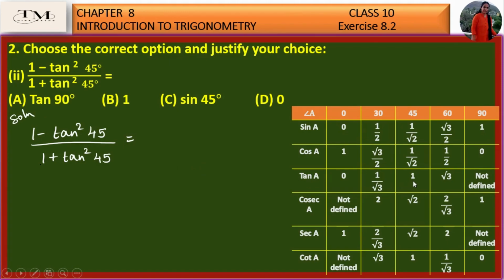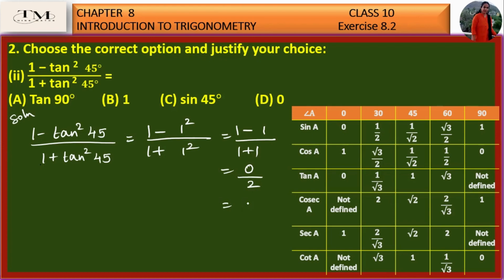So 1 minus 1 square divided by 1 plus 1 square. What is 1 minus 1? 0, divided by 1 plus 1 which is 2. 0 by anything is 0. So option D is the right answer.